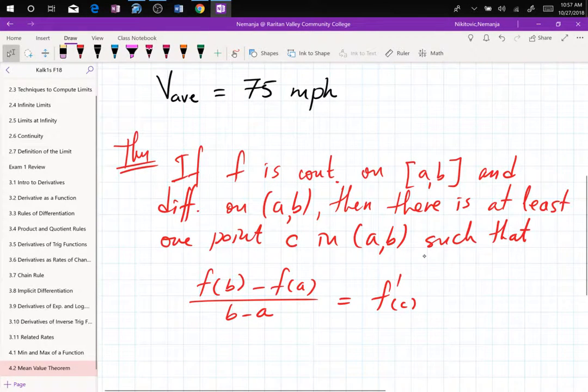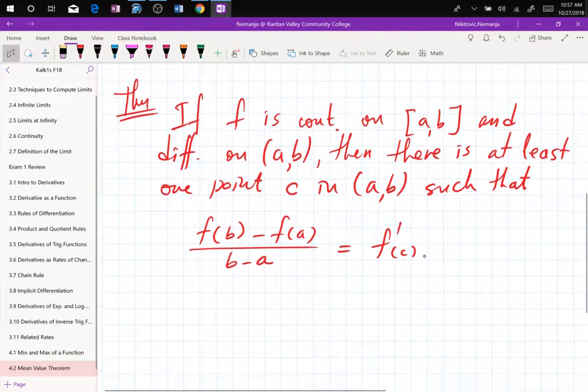You have two conditions, continuity and differentiability, and you have the formula as what calculates things.